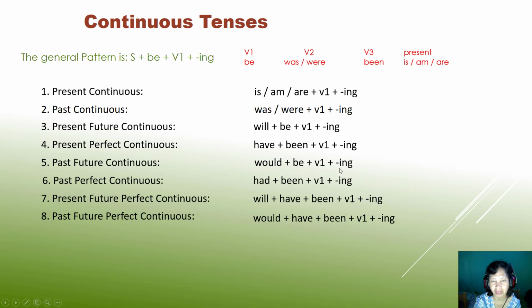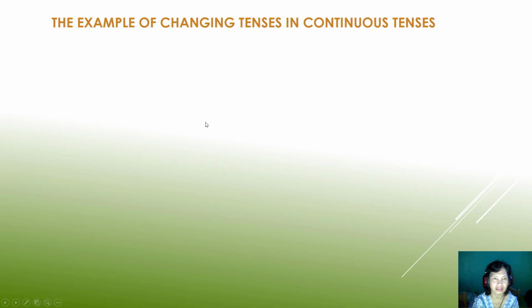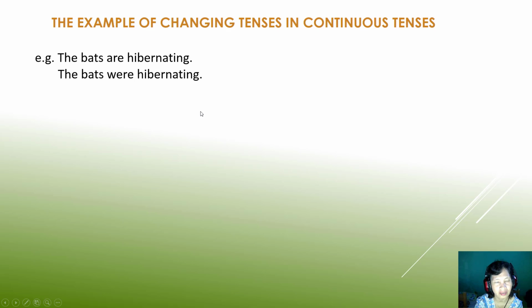You can understand the pattern, you can memorize, you can remember the pattern of each tense based on the name. That's why when mentioning the name of the tense, you must mention it right in order that the pattern will be correct. Okay, let's see in the example. The bats are hibernating.